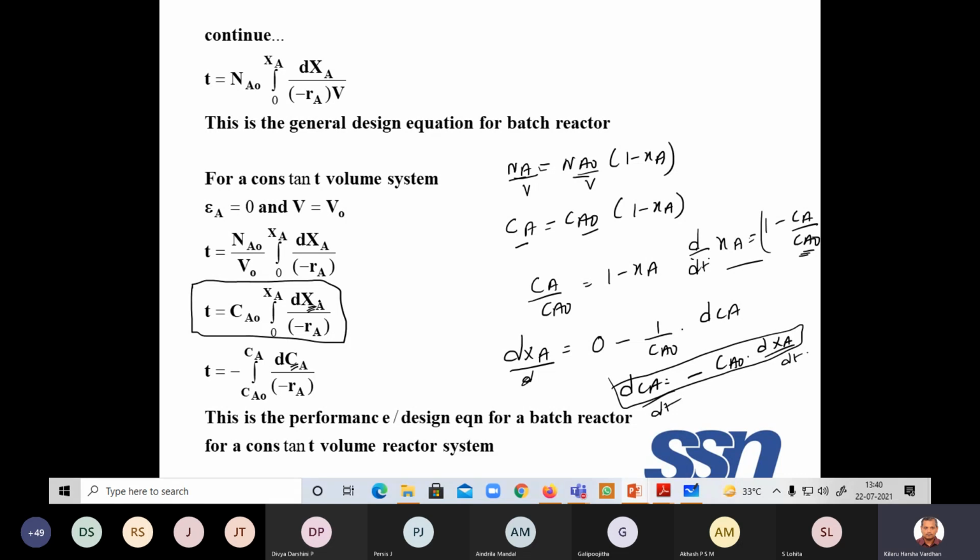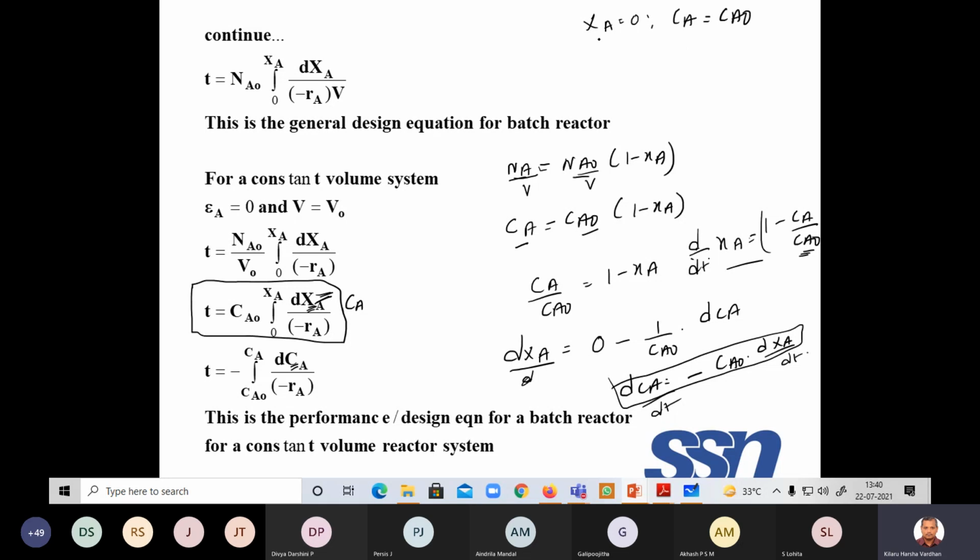The same way, if you substitute here, instead of Xa, this 1 minus Ca by Ca naught, and then do the integral, since you're changing Xa to Ca, your limits also should be changed. When Xa is 0, what will happen to your Ca? Ca is nothing but Ca naught.